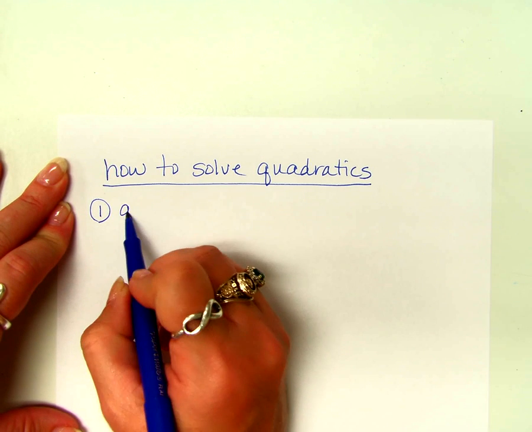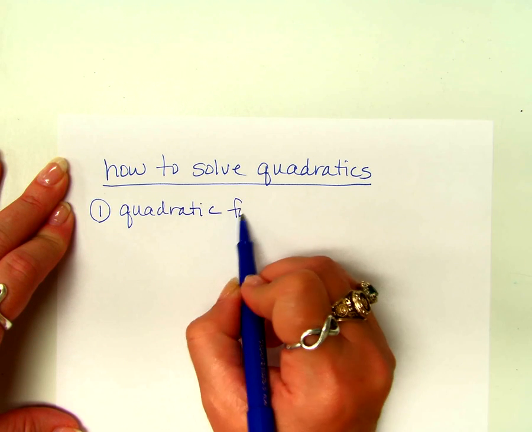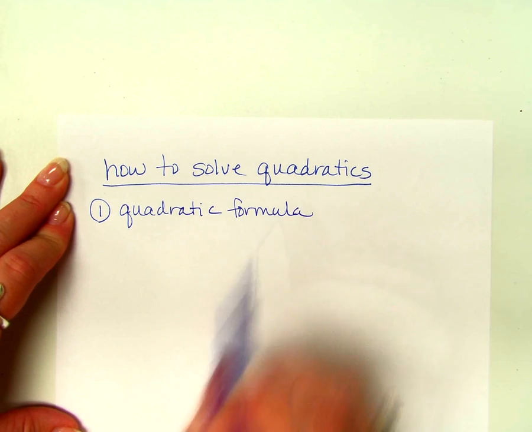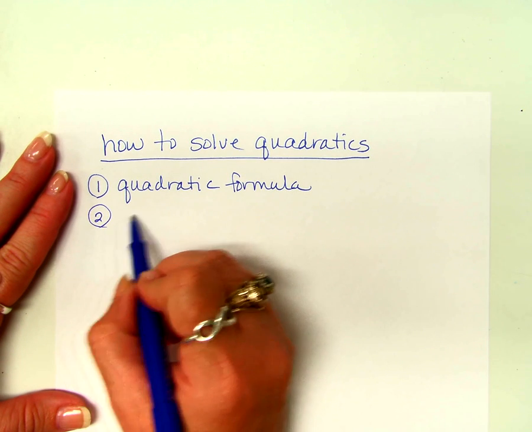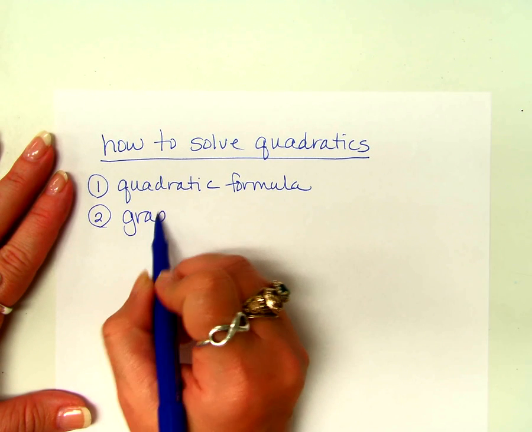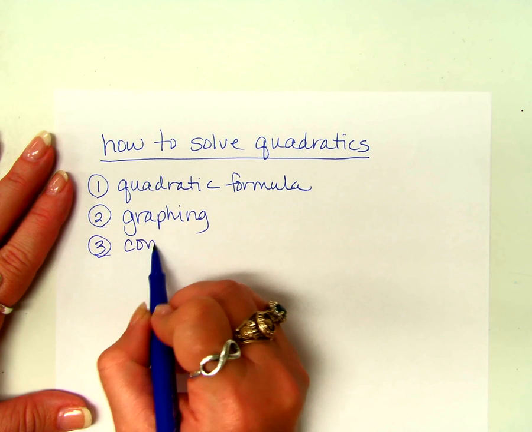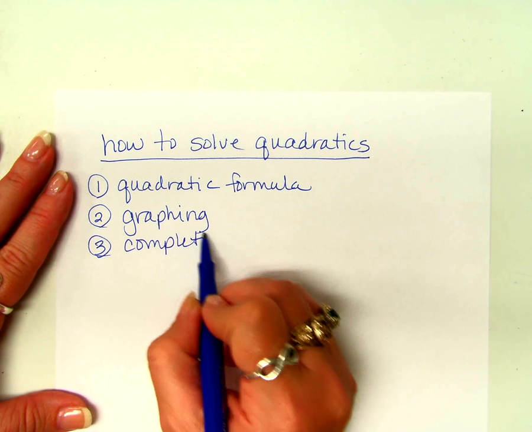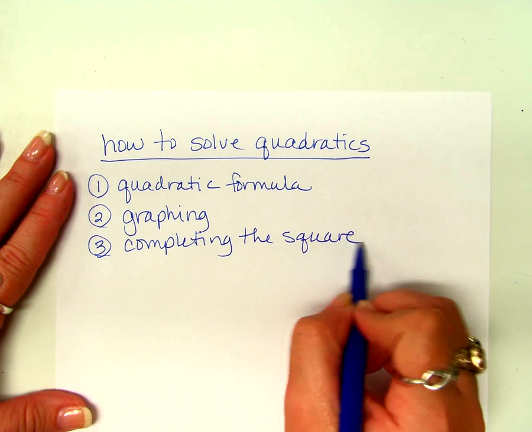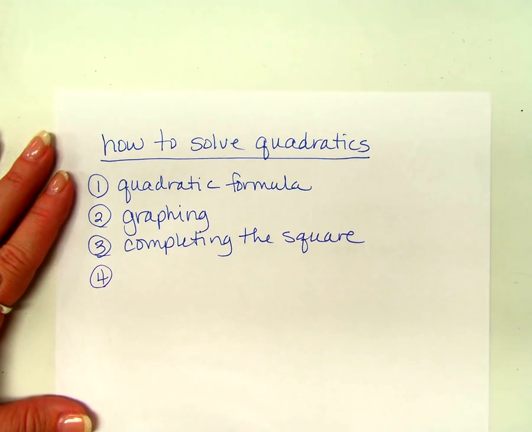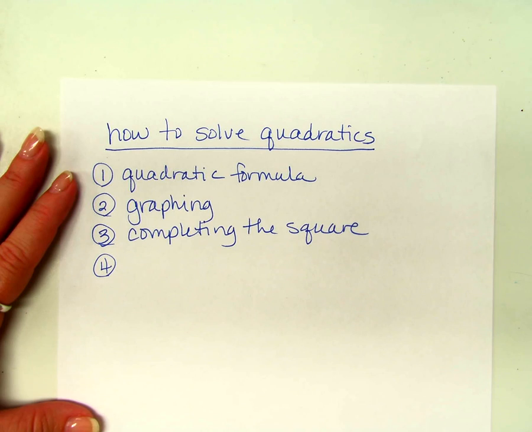Quadratic formula. Okay, what's another way? Graphing. Good. I'll go ahead and write that as number 3. Completing the square. What about number 4? This is not in any order, is it? No, just how we're thinking of it.